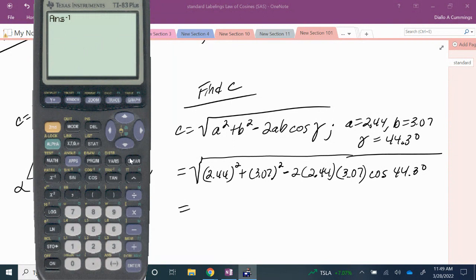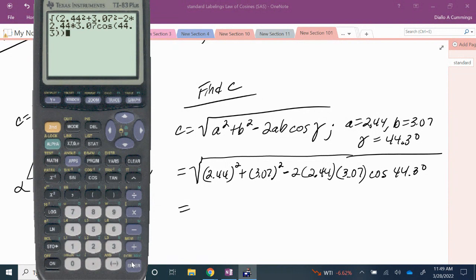Square root of 2.44 squared plus 3.07 squared minus 2 times 2.44 times 3.07 times the cosine of 44.3.